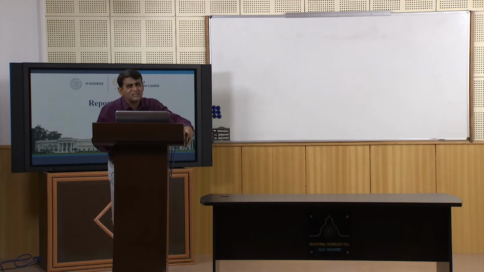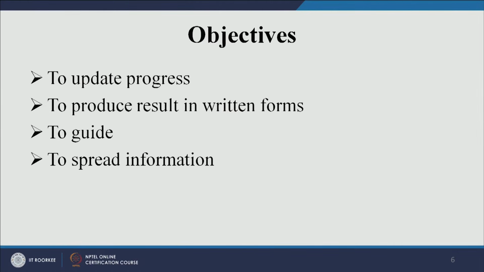Now another question that may occur in your mind is, what actually are the objectives of the report? What can a report do? All of you who are either working in an organization or trying to get into an organization will come to know. Suppose you are applying to a particular organization. Before you go for the interview, you want to know a lot about the organization, but how do you come to know about it?